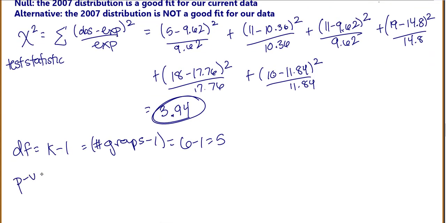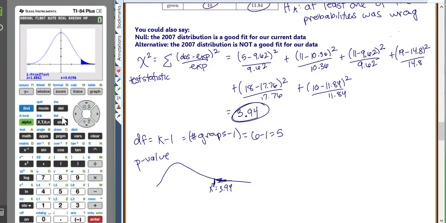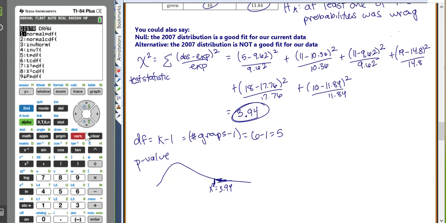For my p-value, I would have drawn my chi-square distribution. I have my test statistic is 3.94, and it's always the area in the right tail. So let's pull up our calculator. We want to do the distribution, so second distribution. I'm looking for a chi-squared CDF. Okay, a CDF has our cumulative probabilities.